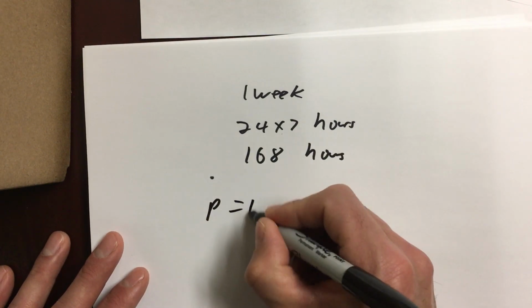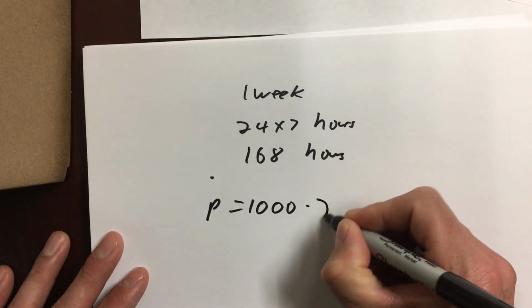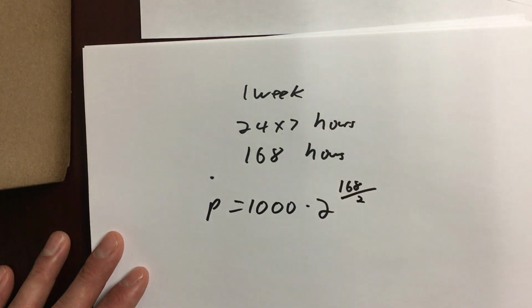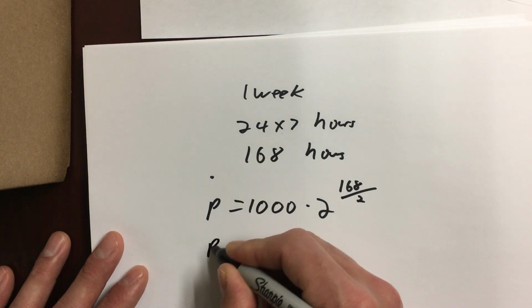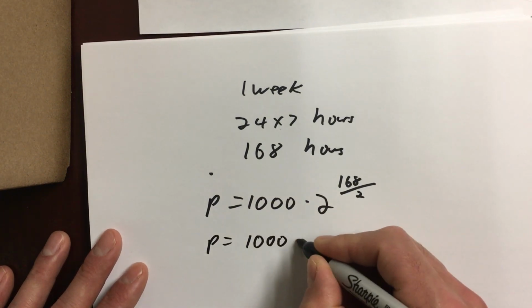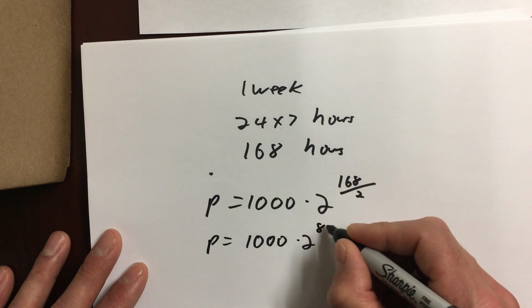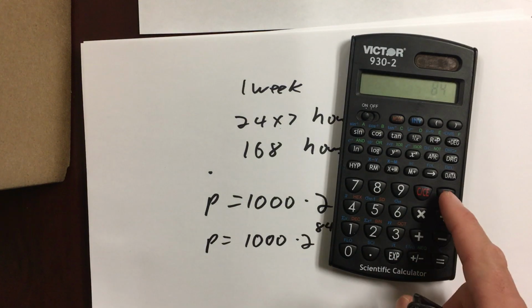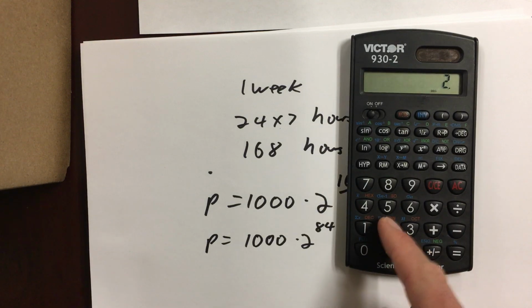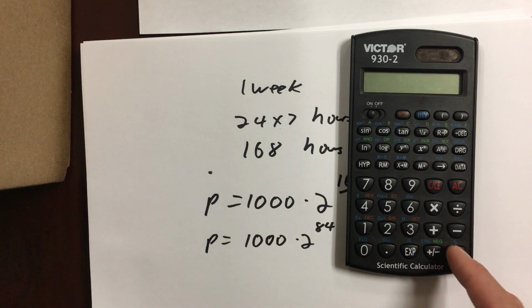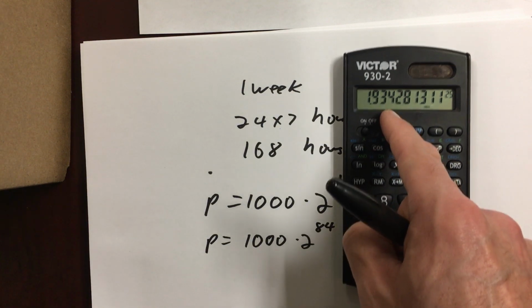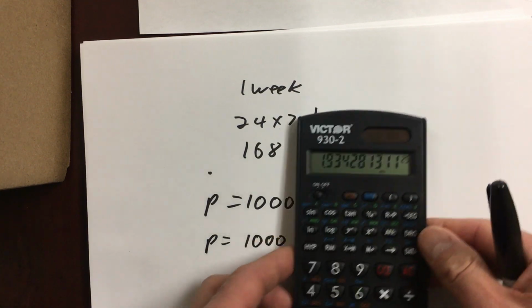So our population will be 1,000 times 2 to the 168 divided by 2, or 1,000 times 2 to the 84. Now I can't guarantee this calculator will handle that. Let's give it a try. 2 to the 84. Yep, it's got it. It's in scientific notation, so look closely here.